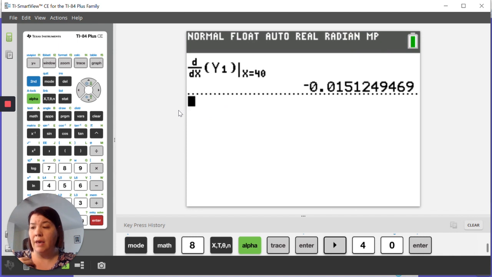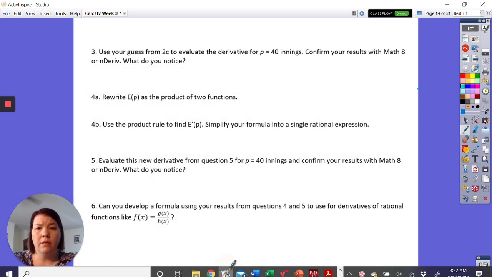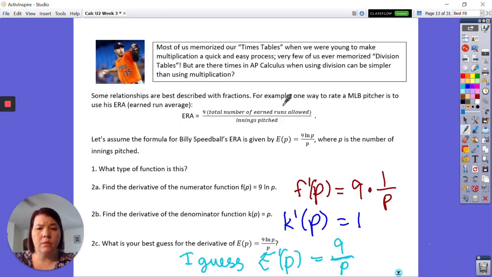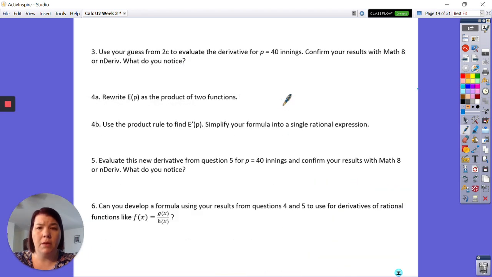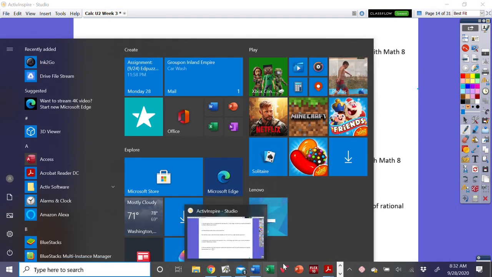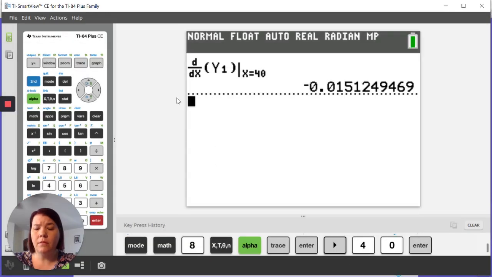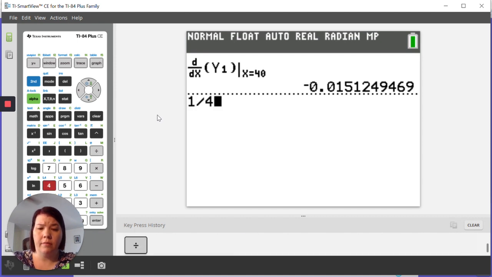Then I'm going to take my guess, which was 9 over P, excuse me. We're going to do the same thing, so let my calculator handle that for me. I'm going to take 9 over 40.